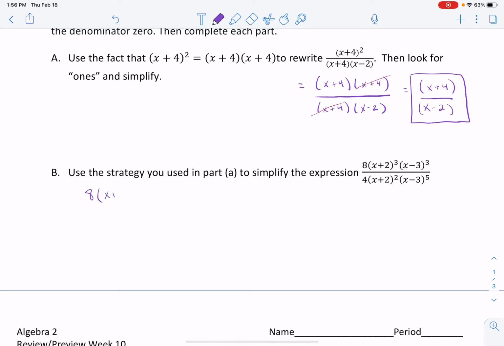So we've got 3 x plus 2's and 3 x minus 3's. Then we've got 4, and then 2 x plus 2's and 5 x minus 3's.